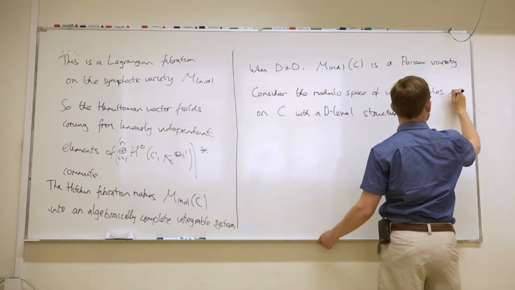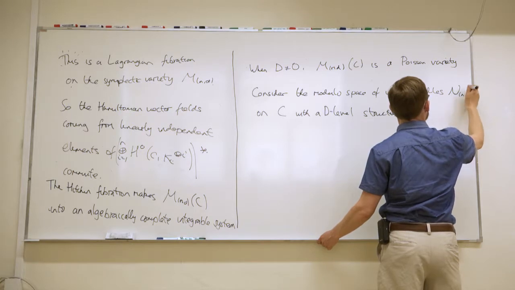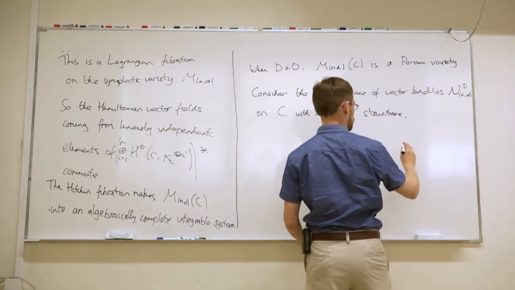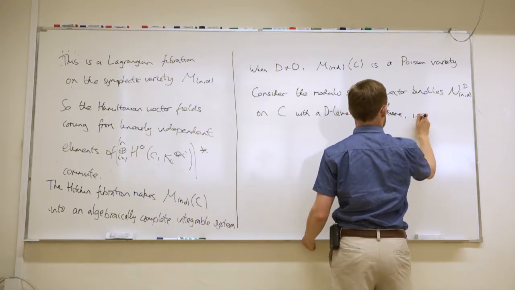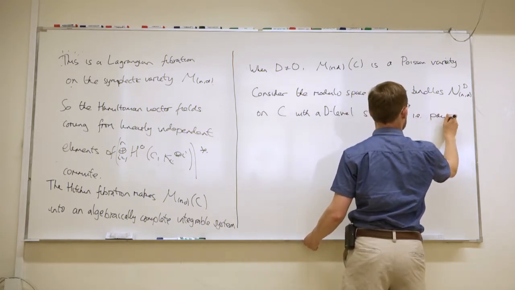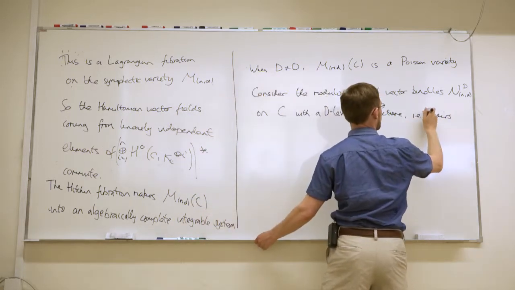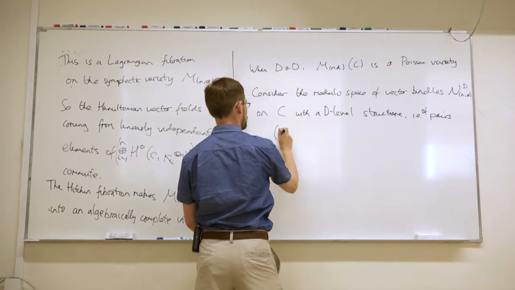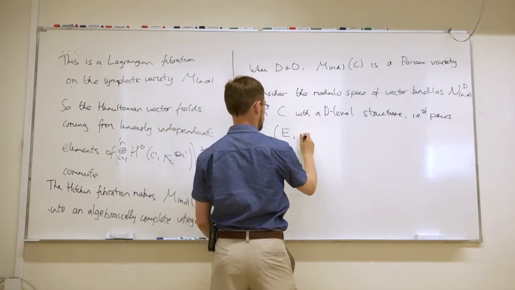So I can call this a pair of a vector bundle E and eta.